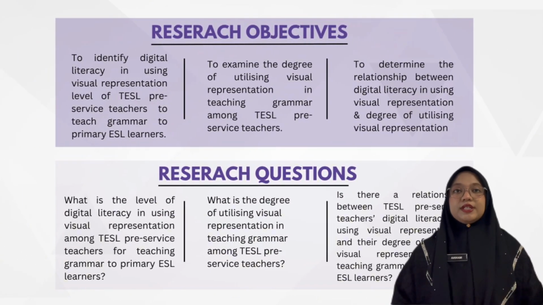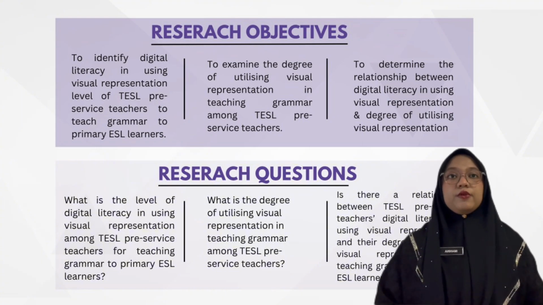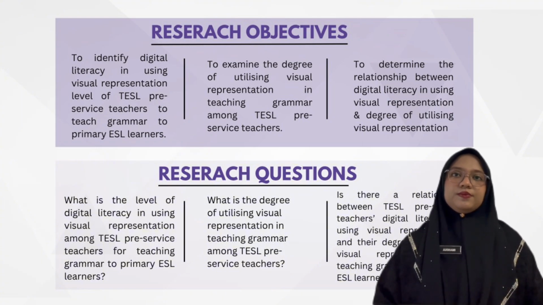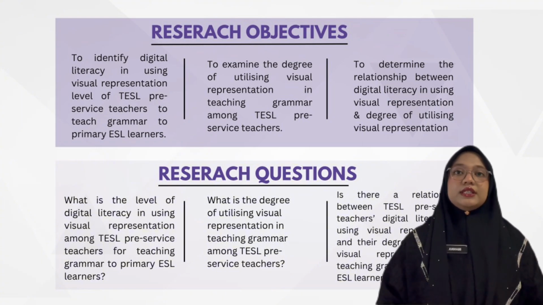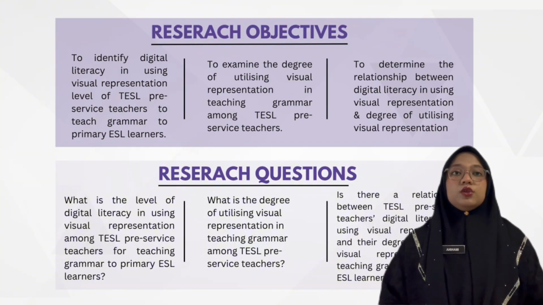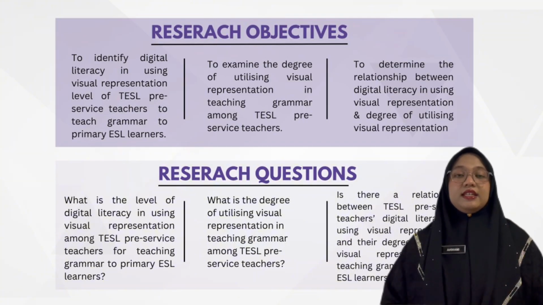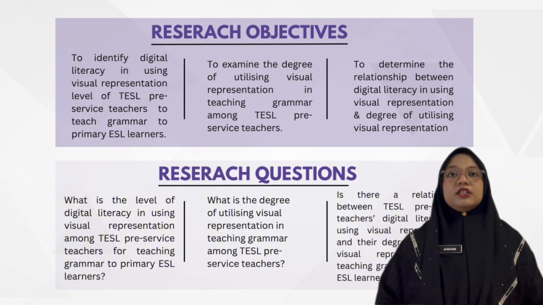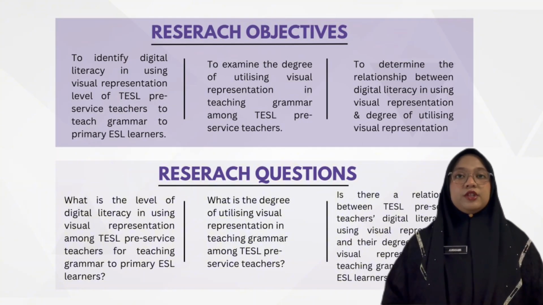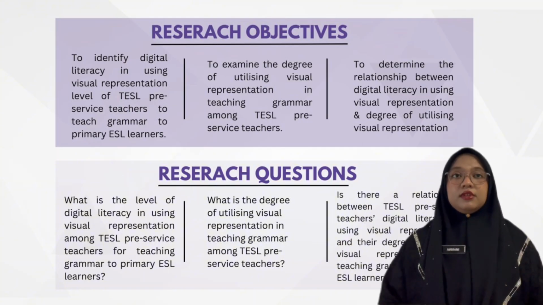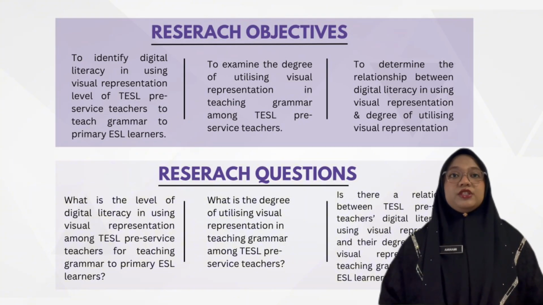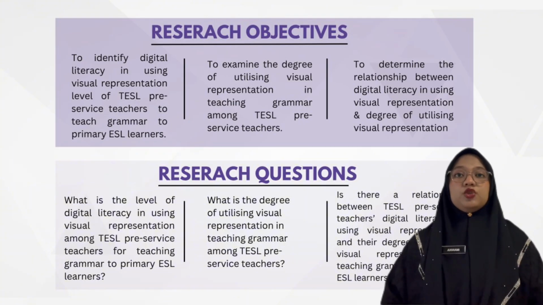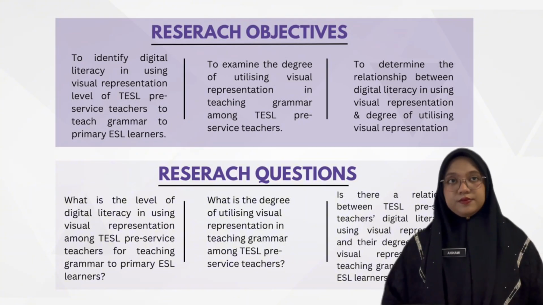Now, we'll move on to the next slide, which will talk about the research objectives and questions. Firstly, research objectives refer to the specific goals that this study aims to achieve. There are three main objectives in this study. First, to identify the level of digital literacy in using visual representation among TESL pre-service teachers to teach grammar to primary ESL learners.